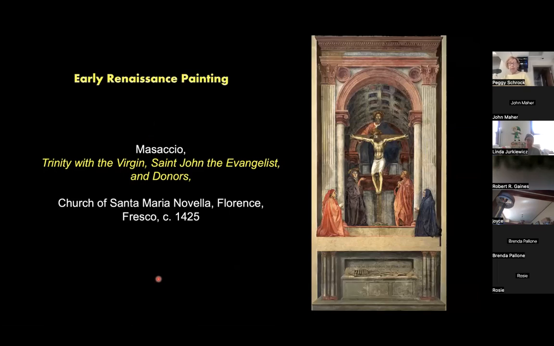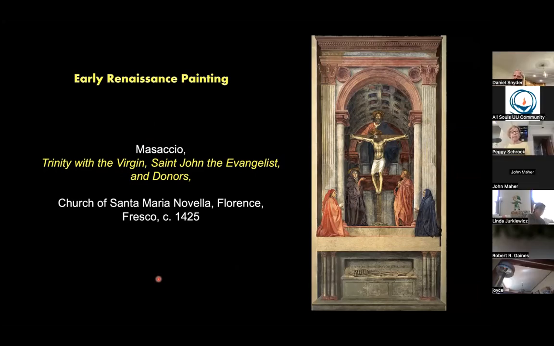background. In terms of painting, as far as the beginning, we look to Masaccio. And this is this very famous fresco located in a church in Florence, known as the Trinity, with the Virgin, Saint John the Evangelist, and donors. Now it's identified as Saint John the Evangelist, so this is a different Saint John, not the apostle.